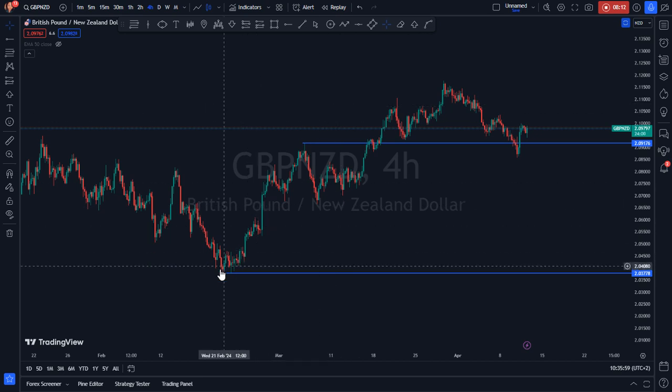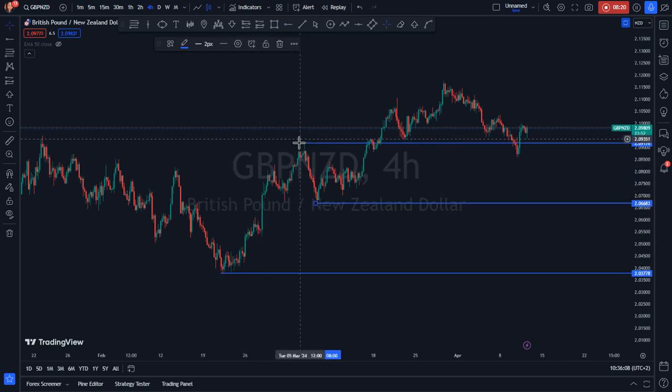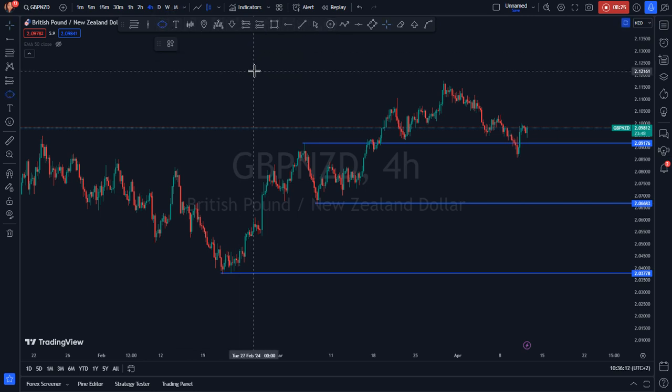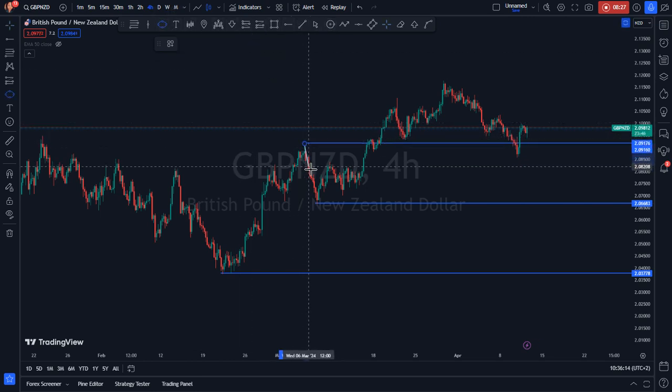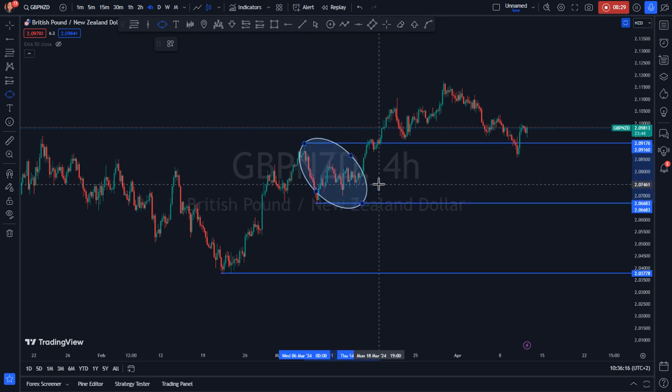Then it came down to create this low right here. So we have this as an impulsive move and this whole thing right here as the correction phase. This whole thing right here is going to be our correction phase.